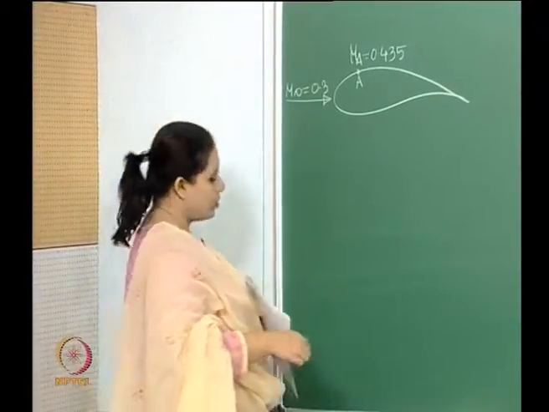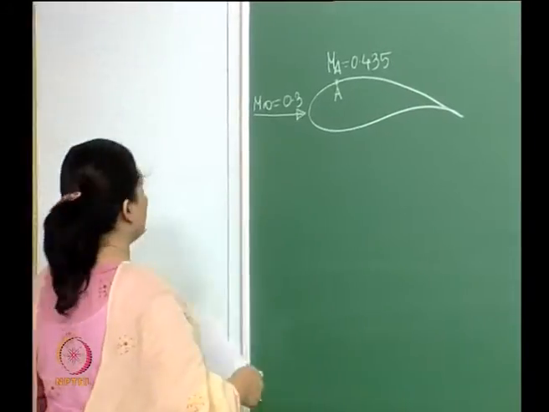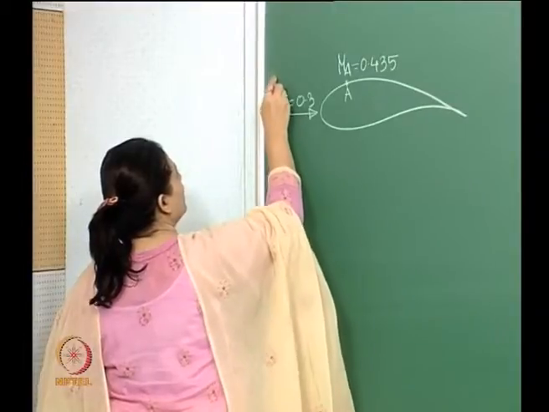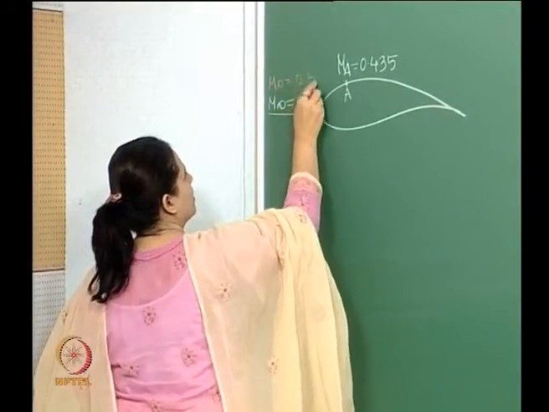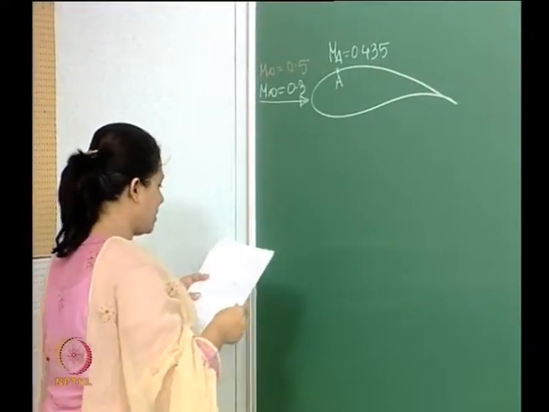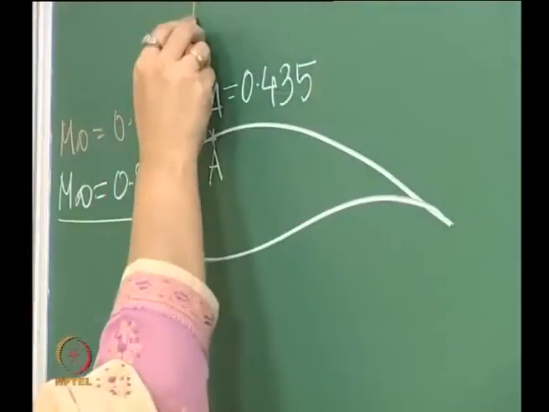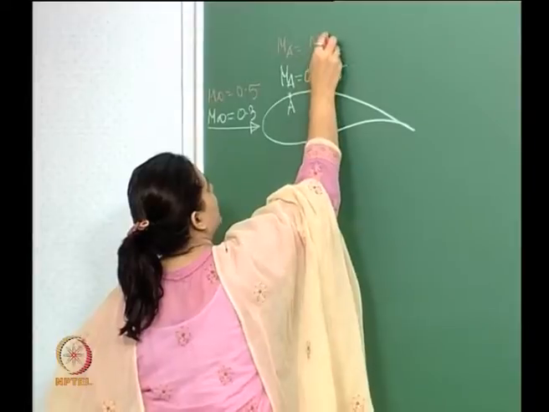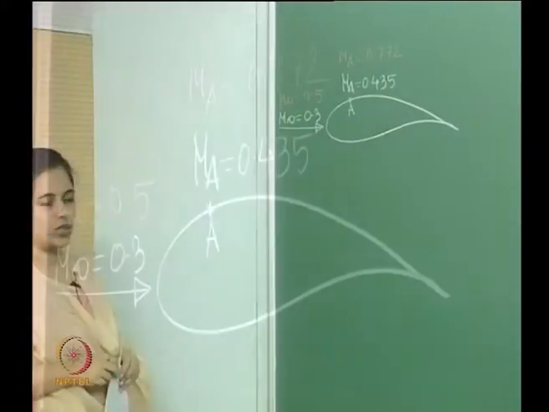Now, let us say we increase this Mach number to, say, 0.5. Then the corresponding Mach number at this point becomes, say, 0.772.